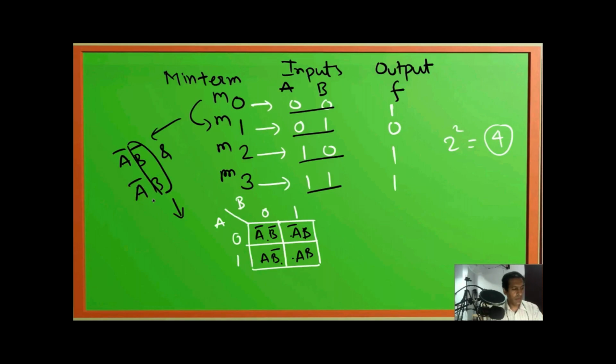So the possible minterm grouping we can form, suppose if we combine m0 and m1, say we have some function, for example, f1 is equal to m0 plus m1. That means these values are high, 1.